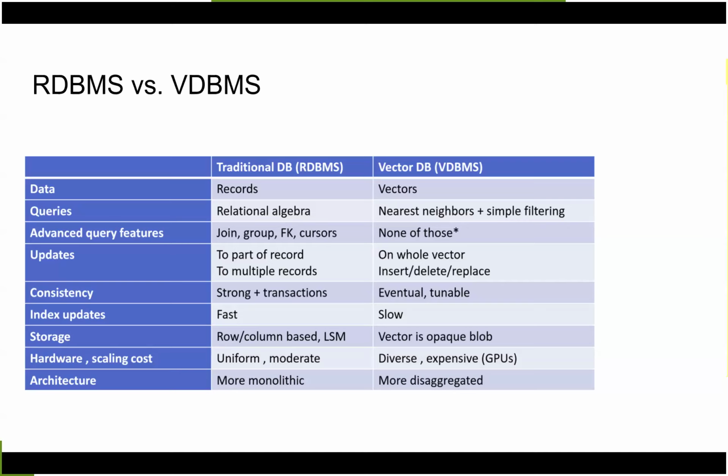In terms of storage, this table is probably wrong. Actually, vector database also use LSM trees, which is very interesting. You know about LSM trees, I assume, right? I think you do. Okay.